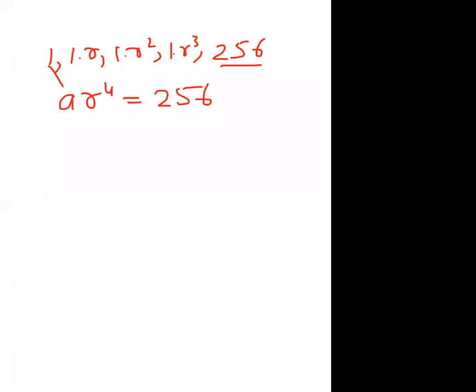This is the first term, so the second term will be 1 into r, AR, then AR square, then AR cube. So these will be the next three terms. So the fifth term will be AR to power 4 equals 256. A is given as 1, so 1 into R to power 4 is equal to 256.